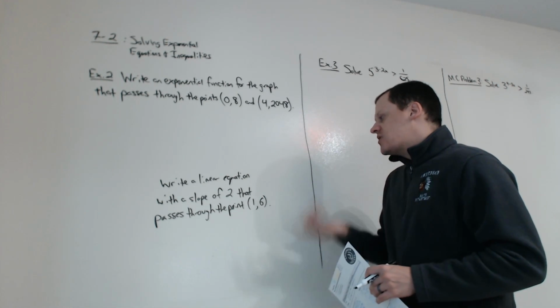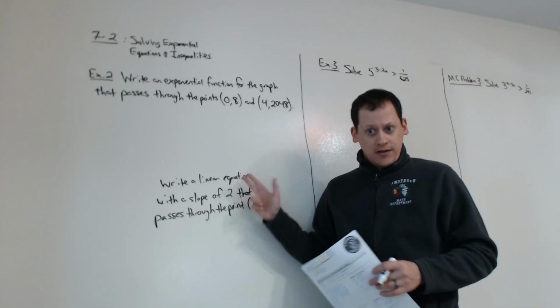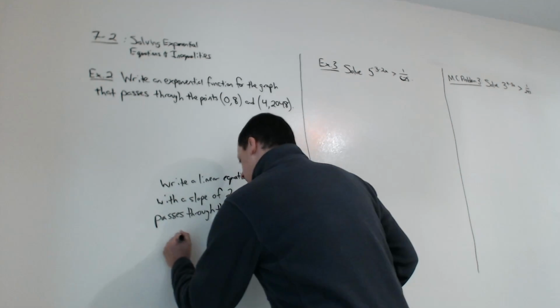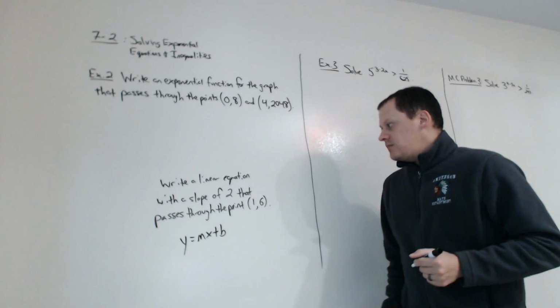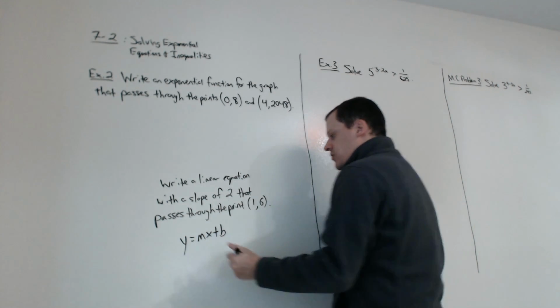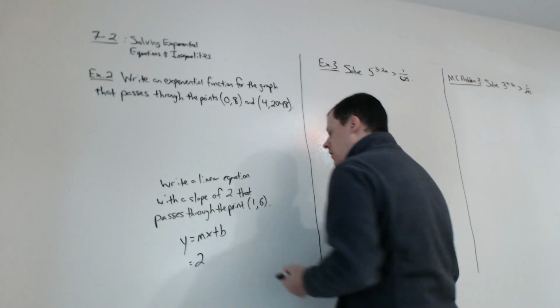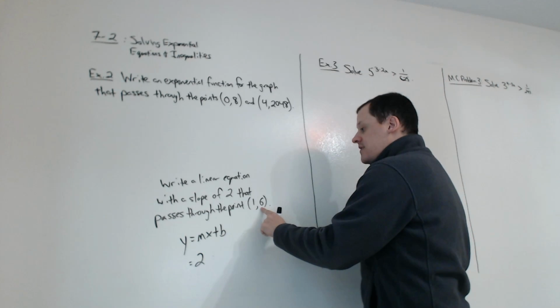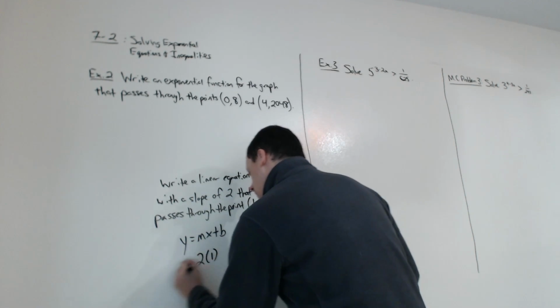So to solve that, you first need to know what the equation of a line looks like. So we know that that's y = mx + b. It tells you the slope is 2. That's m. And you know it goes through (1, 6). So x is 1, y is 6.